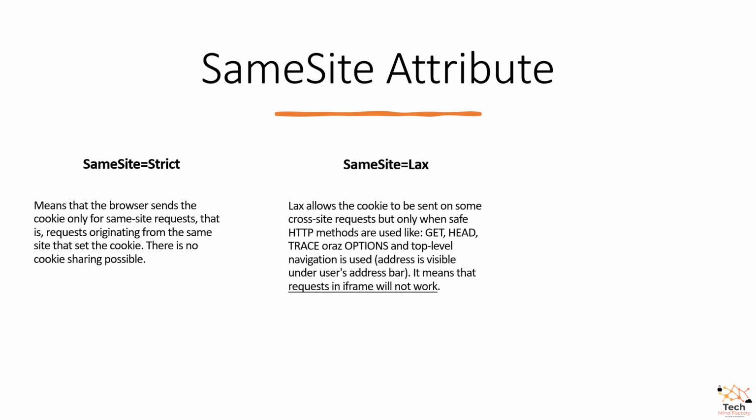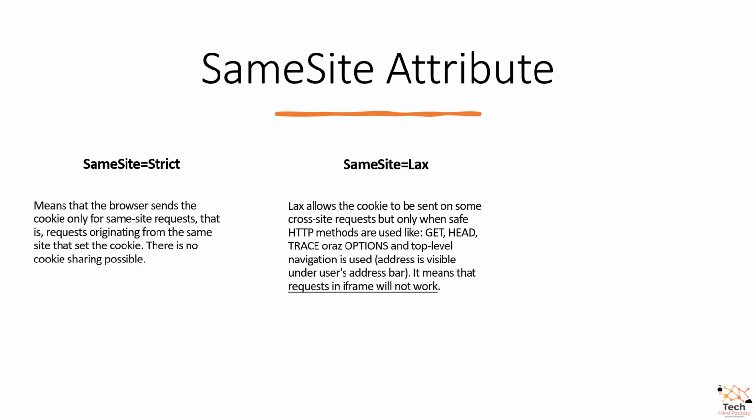Another configuration is same site lax. Lax allows the cookie to be sent on some cross-site requests, but only when safe HTTP methods are used, like get, head, trace, or options, and top-level navigation is used, so the address is visible in the user's address bar in the browser.